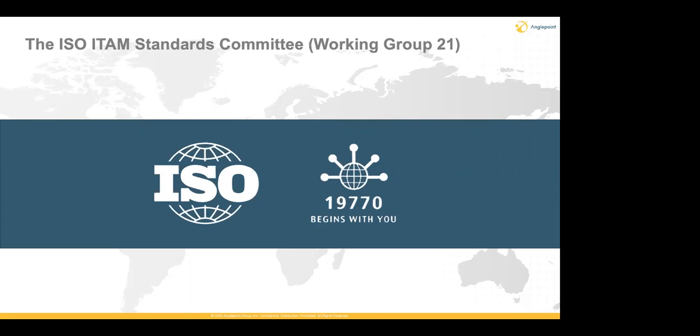Our members represent a cross-section of the ITAM ecosystem. We have representatives from end-user organizations, software publishers, SAM tool vendors, consulting firms, analysts and media firms, audit firms, industry bodies, and others. And on the screen here, you can see our committee logo for 19770.